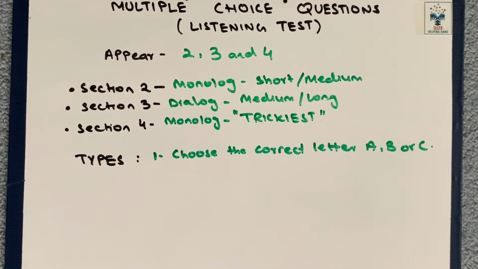The number of questions that you could face in your IELTS listening varies. It could be 2, 3, 4. In fact, I have seen a few listening tests where all the 10 questions of section 2 were MCQs.